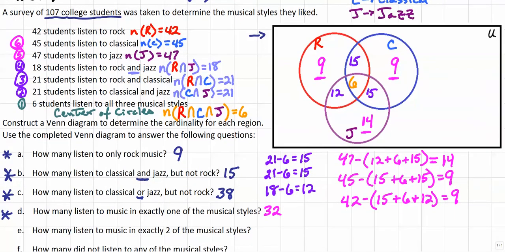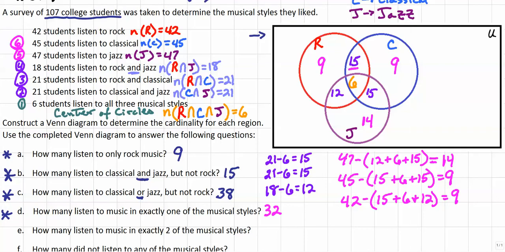The next question, how many listen to music in exactly 2 of the musical styles? And when I look at this one, we are going to take into account the regions where there's overlap of 2 styles but not 3.